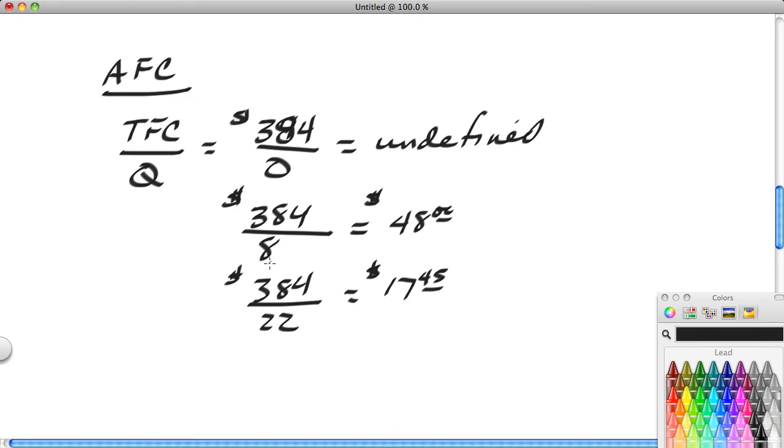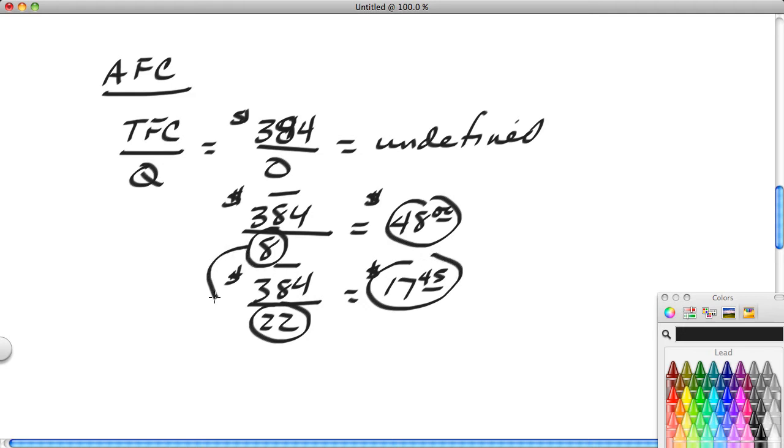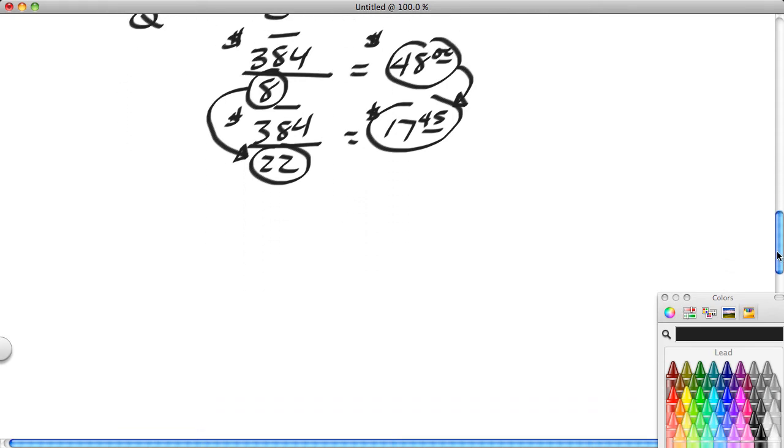Okay, and what we notice is if the numerator stays constant and the denominator gets bigger, then the resulting number has to get smaller. So as the denominator gets bigger, as we produce more quantity, the average fixed cost decreases. We'll actually see later on that it decreases at a decreasing rate. Okay, let's keep moving.